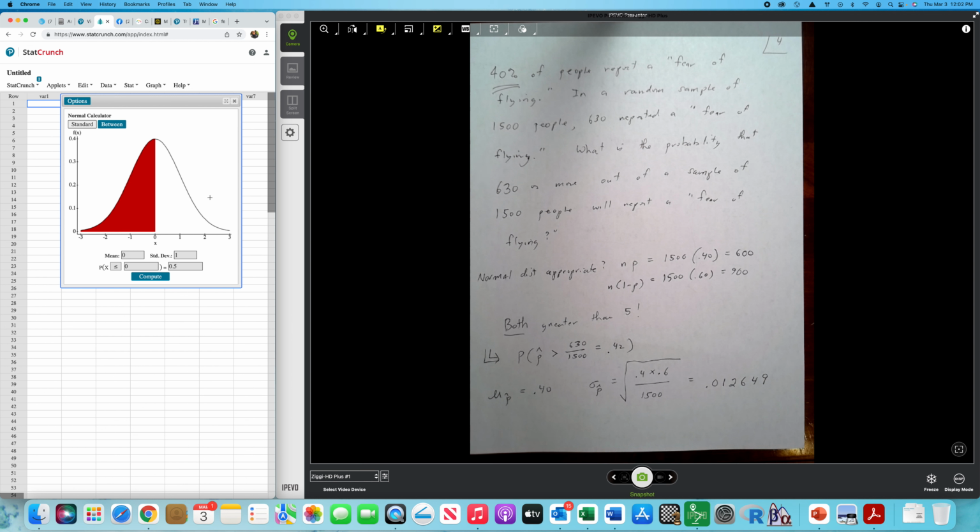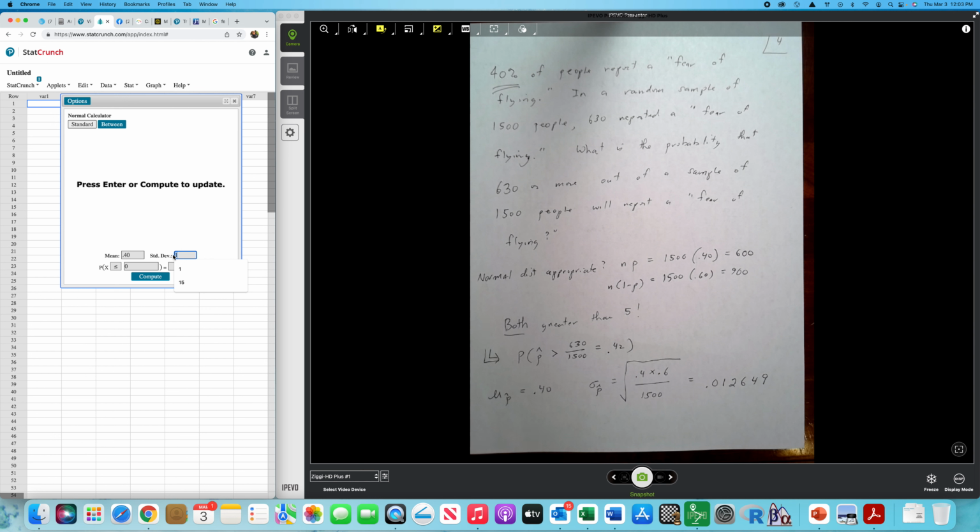Now, this is equivalent to finding the probability that the sample proportion is greater than 630 out of 1500, or 0.42. All right, so the mean is 0.40. For the standard deviation, the standard error, put this in your calculator, and I would go ahead and check it just to make sure that you are putting all this in correctly.